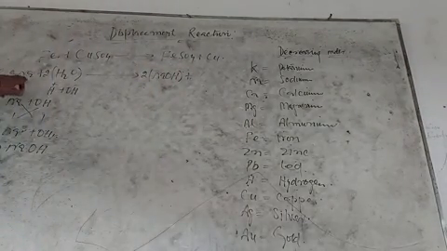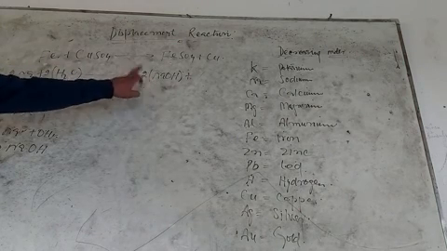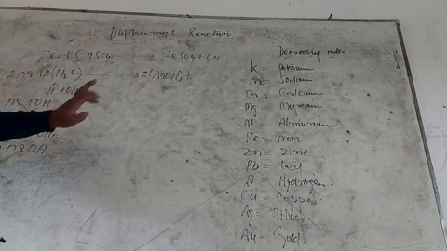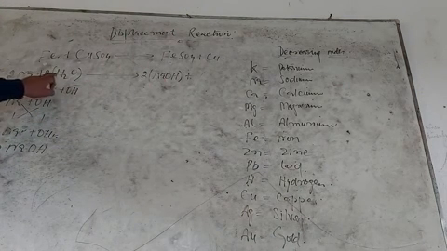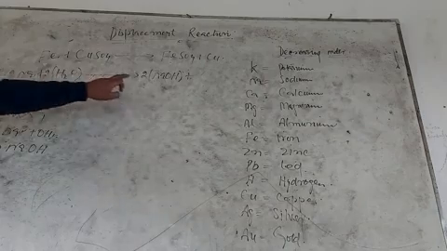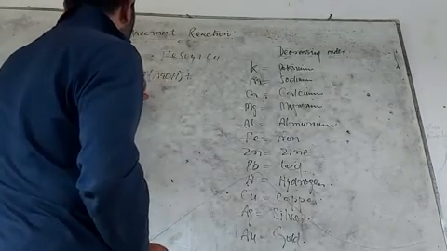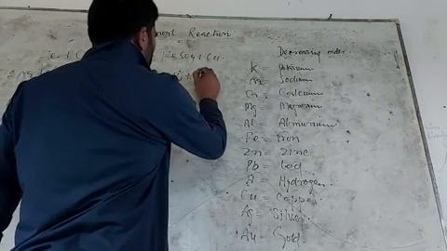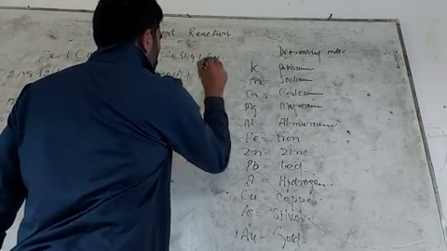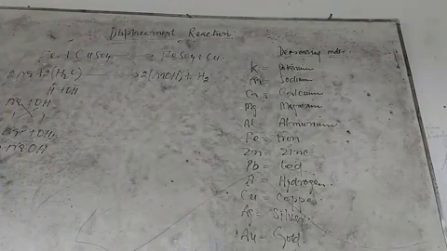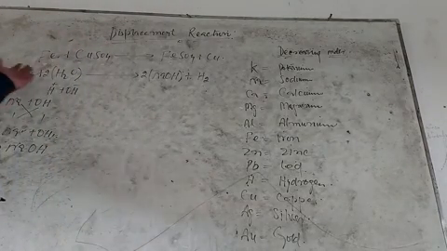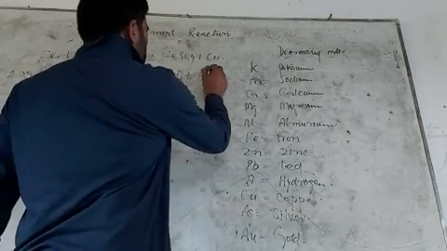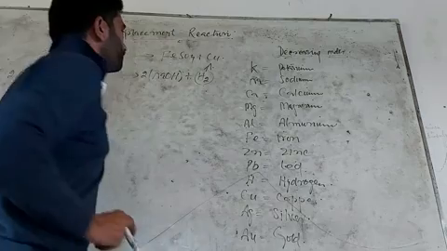Here we have 2 Na and here 2 Na. Here we have 2 O and this is 2 O. Here we write H in 2 times, then we write plus H2. So the equation becomes balanced, and this H2 is hydrogen gas.